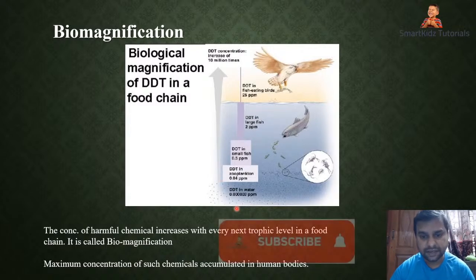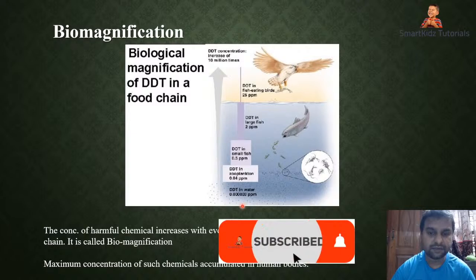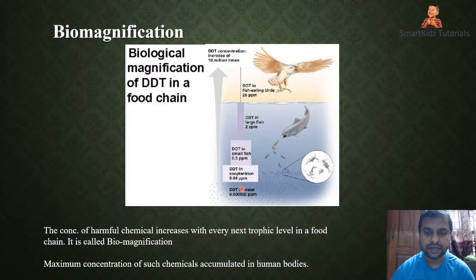If you see, this is in parts per million. Accumulation is in terms of parts per million. This is a very small quantity. Then it goes on to become 0.04. Then it is 0.5. There is 2 parts per million in a bigger fish. Then in the case of a hawk, it is 25 parts per million, and then that increases further.